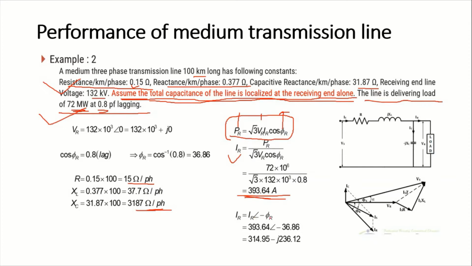We take VR as the reference and IR lags the voltage, so IR is written as IR angle minus phi r, because it is lagging from VR. So IR becomes 393.64 angle minus 36.86. This polar form can be converted into rectangular form, and its value is 314.95 minus j236.12. Clear? Before finding the sending end, we find the capacitive current.